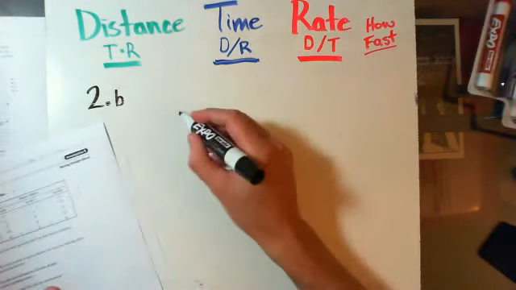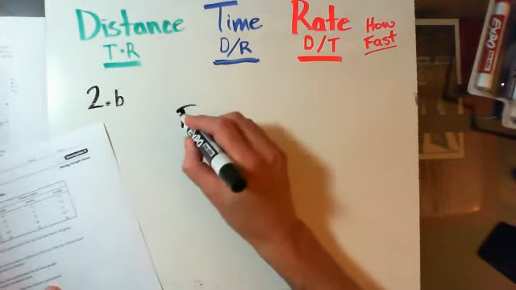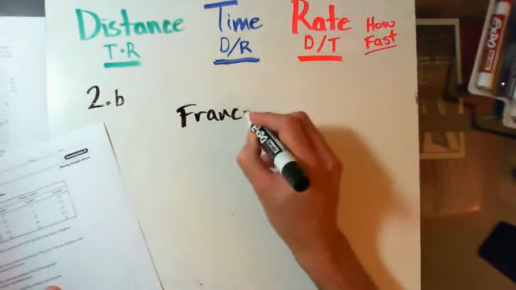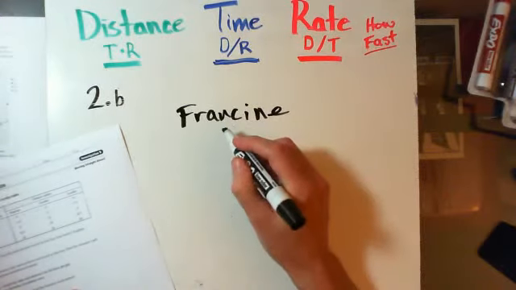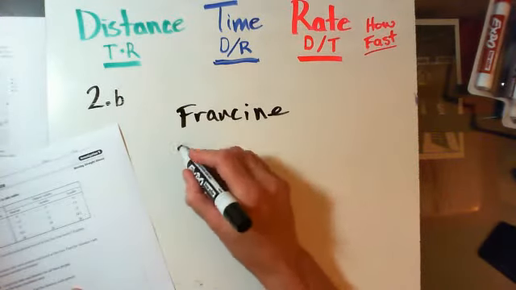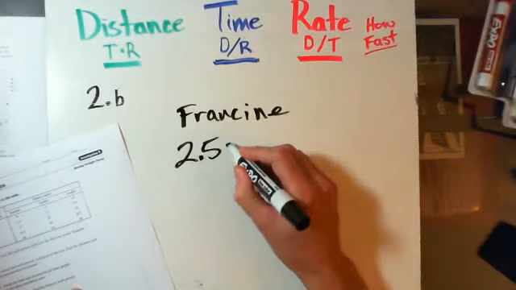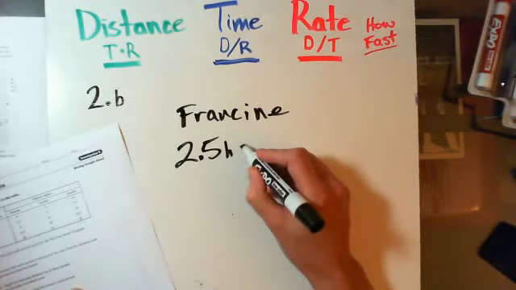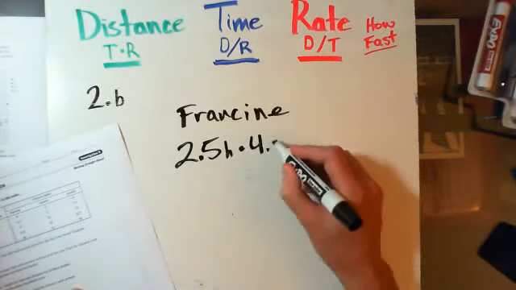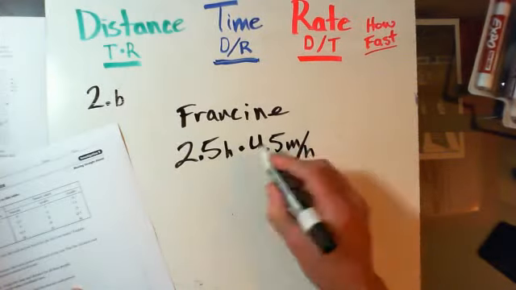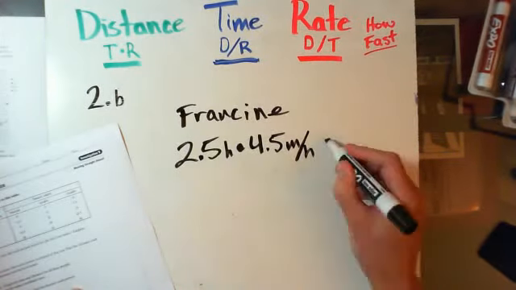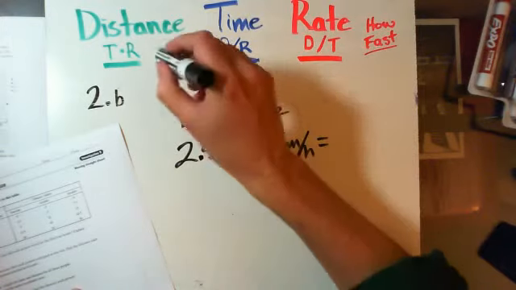So for, again, Francine, over 2.5 hours, she was traveling at a rate of 4.5 miles per hour, and we multiply those two, and we'll get her distance.